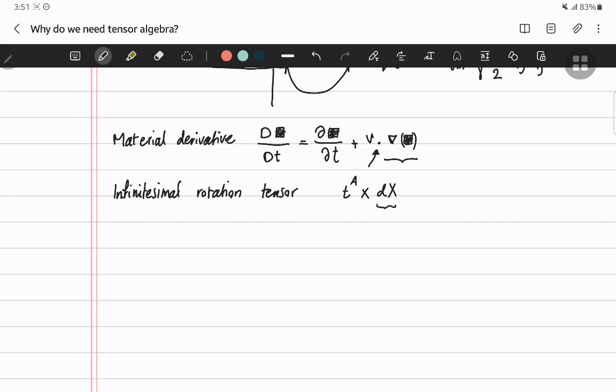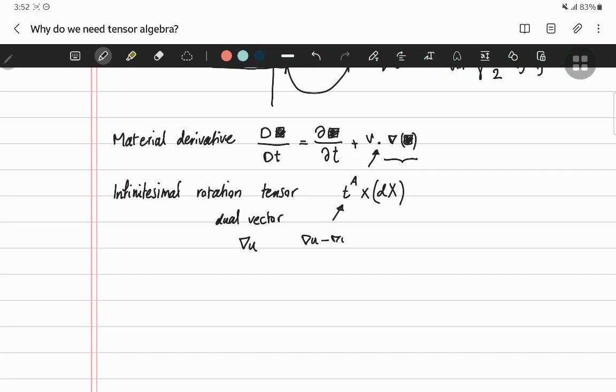I'm not going to discuss this, but remember that, just in case, you have the cross product of TA and dx, where this TA is basically the dual vector of the del u, or the displacement gradient. To get this dual vector, if you remember, it was the anti-symmetric part.